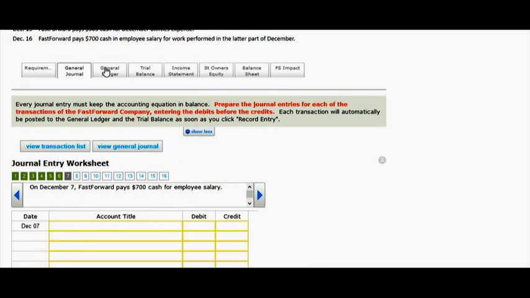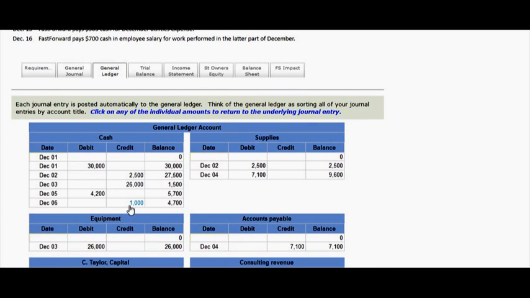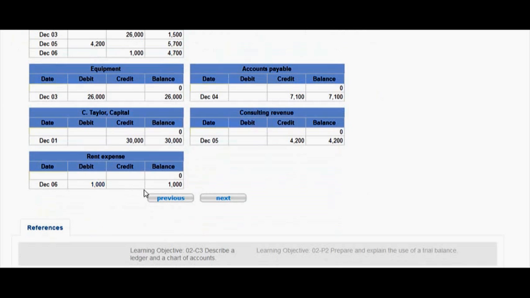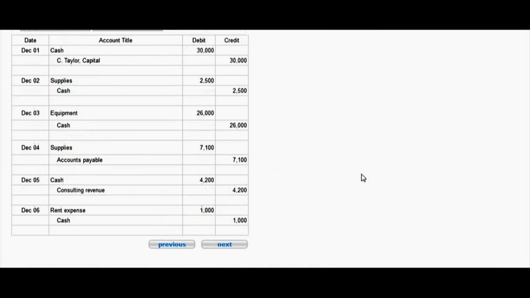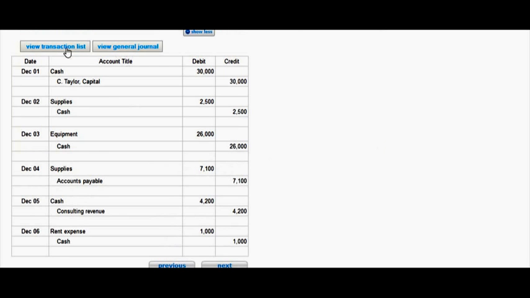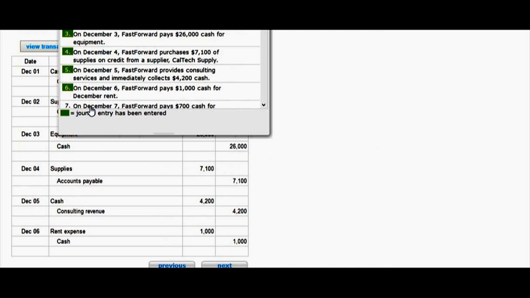Now, if we go back to the general ledger, we see the $1,000 deducted and the rent has a balance of $1,000. I'm going to click previous and previous and next, and I guess we want the 7th.